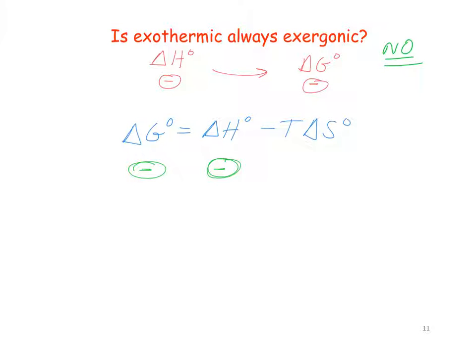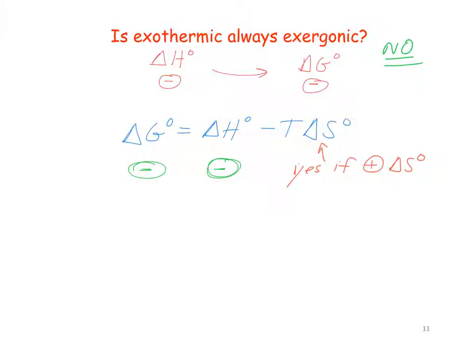So it depends on this delta S, the entropy. If this delta S is positive, then we're going to subtract the T delta S, and it's going to make it even more negative. So that would say yes. We're going to say yes if we have a positive delta S zero.